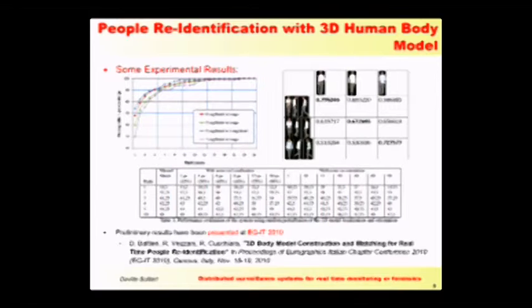And the table at the bottom shows the resilience of the algorithm to noise on the localization and the orientation. Some preliminary results of this algorithm have been presented at the Eurographics Italia conference.